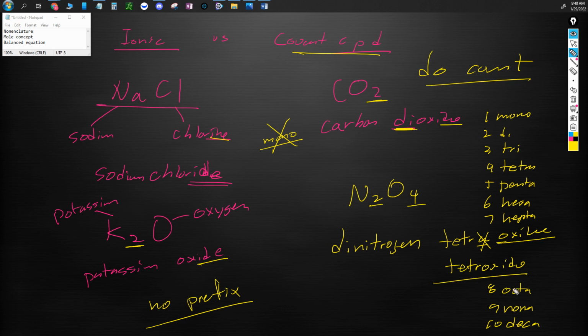Okay, well, probably you won't go that far anyway. So this is 1 through 10. So it is very easy to do the nomenclature for ionic and covalent compounds. Okay, mole concept is pretty easy too.